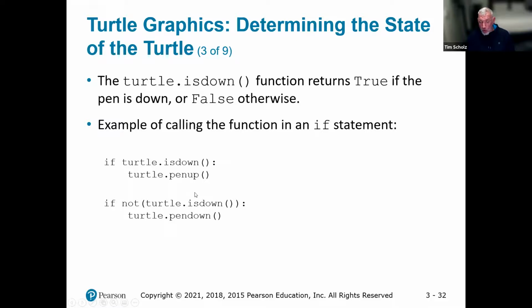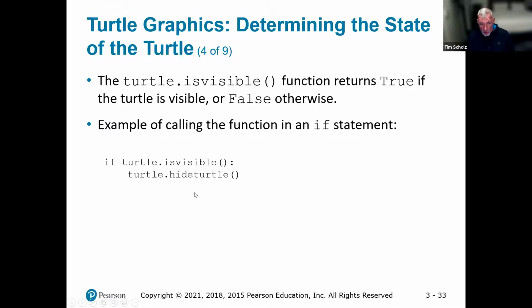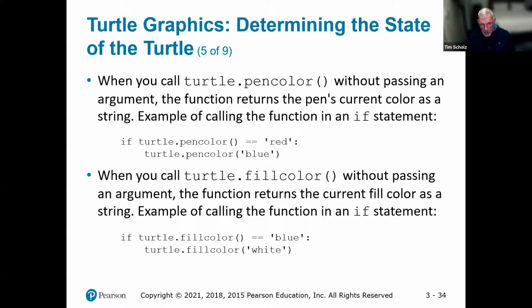It's just kind of shortened. And then obviously we're again calling another thing that returns a Boolean. If visible is true, then we're hiding the turtle, which is setting visible to false. You know, it's just going through doing logic.